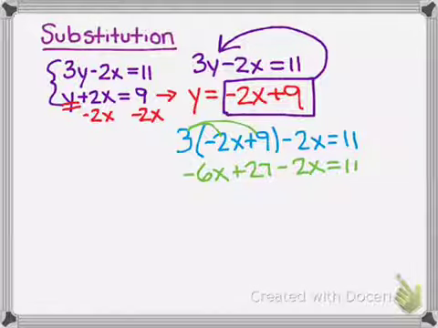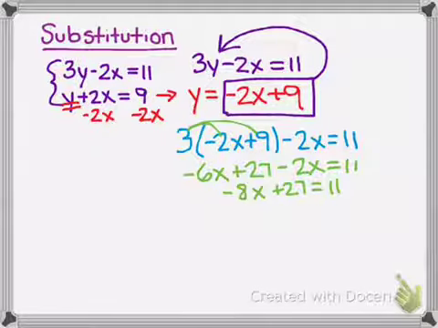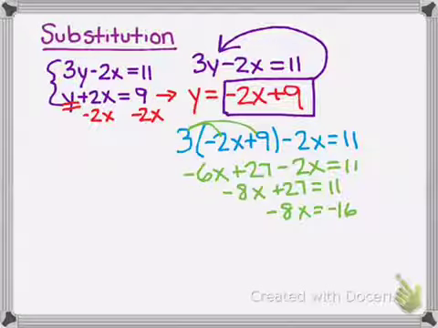I'm going to combine like terms and get negative 8x plus 27 equals 11. And then I'm going to subtract 27 from both sides, and I get negative 8x equals negative 16. Divide by negative 8, and x gives me positive 2.